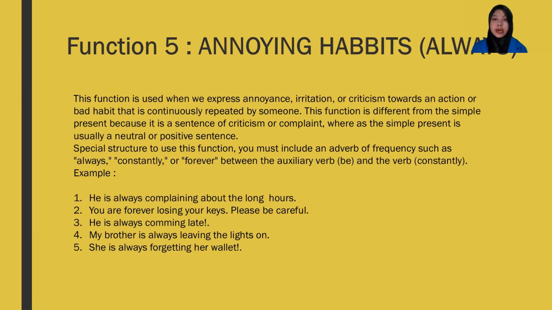Function 5, annoying habits. This function is used when we express annoyance, irritation, or criticism towards an action or bad habit that is continuously repeated by someone. This function is different from the simple present because it is a sentence of criticism or complaint, whereas the simple present is usually a neutral or positive sentence.